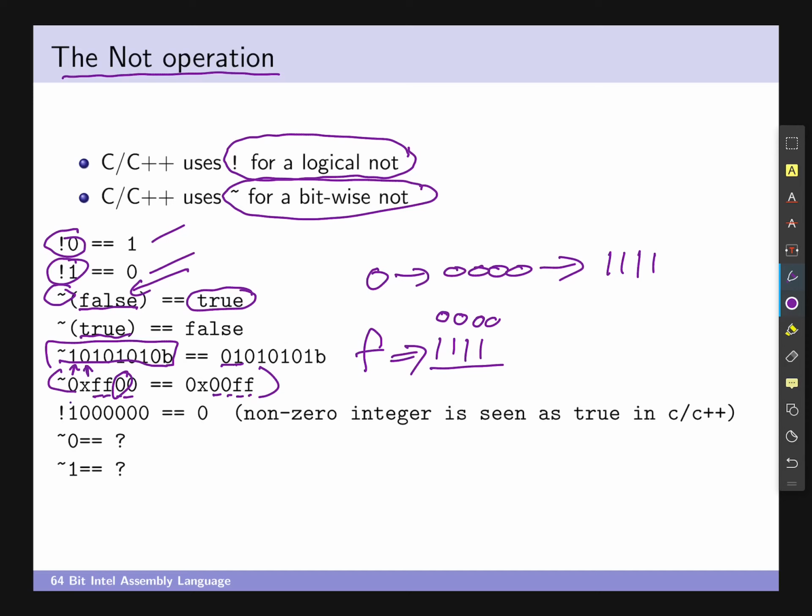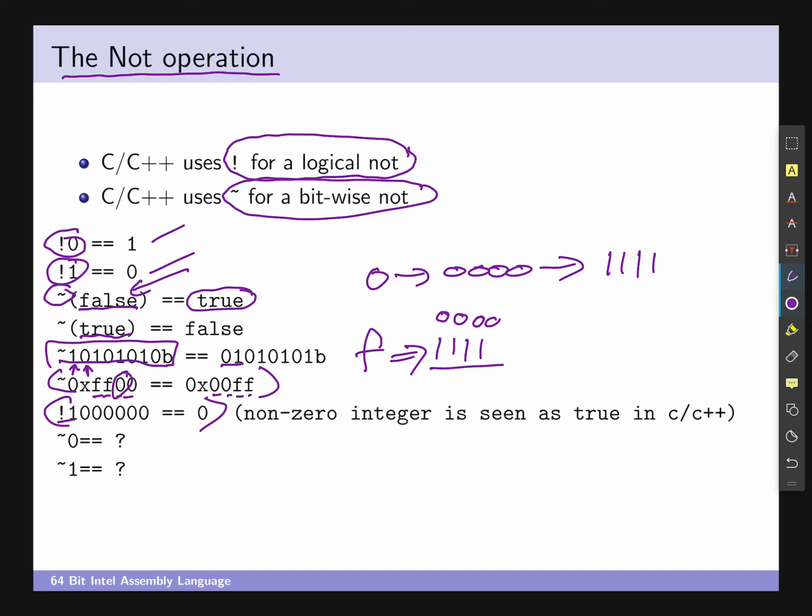Now, something that you may not be completely familiar with is comparisons, particularly in the context of C and C++. If I make a comparison between two values, the way in which it's evaluated is maybe not in line with what you'd expect.